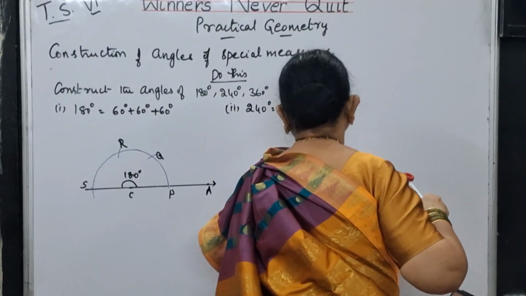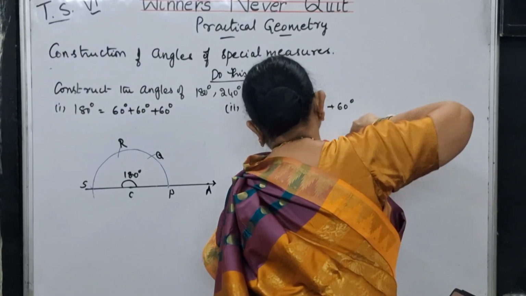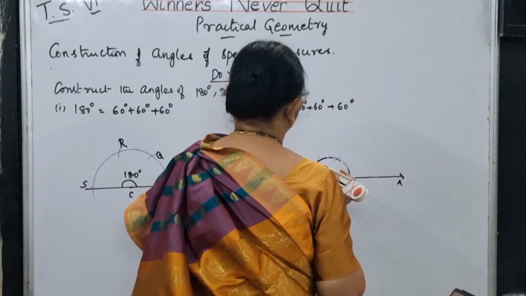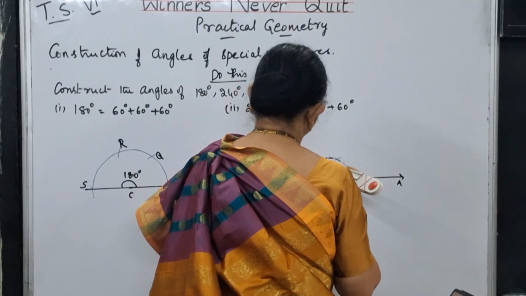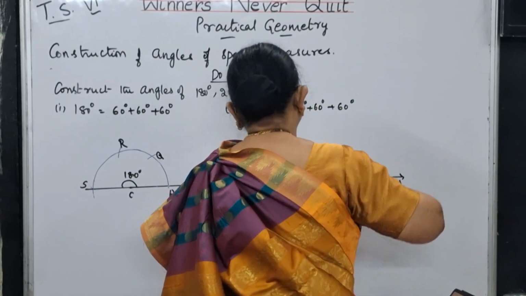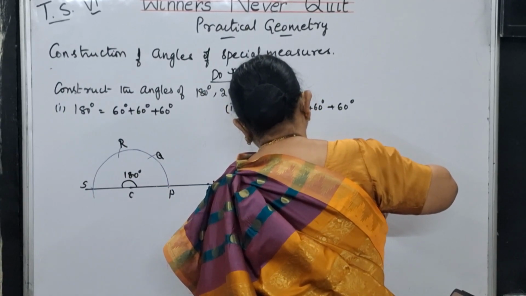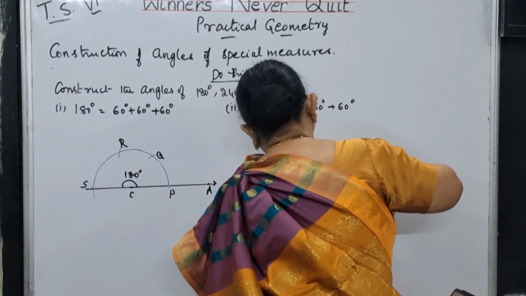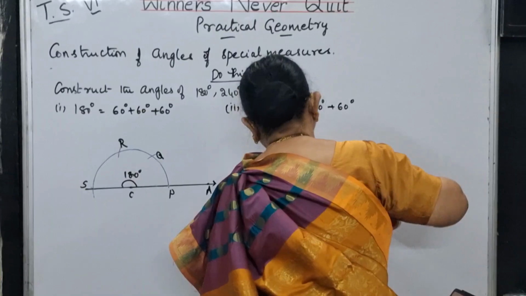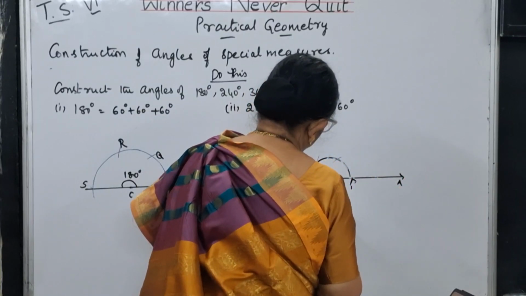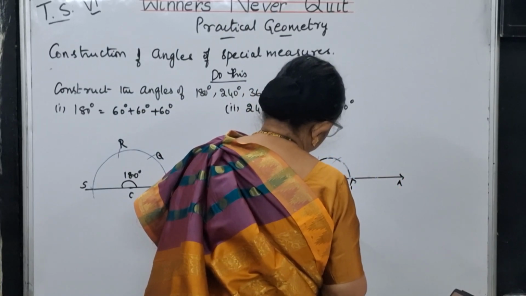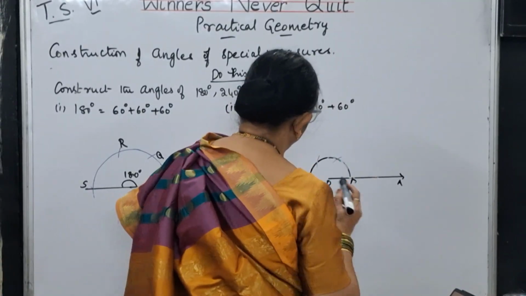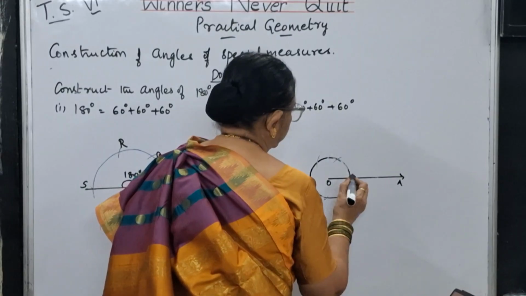This is one arc, and with PQ as center, an arc, and if you consider this as Q and take this as center, another arc, another arc, you will be getting like this, and this as center, another arc. So how many arcs are you getting here? You are getting 4 arcs.